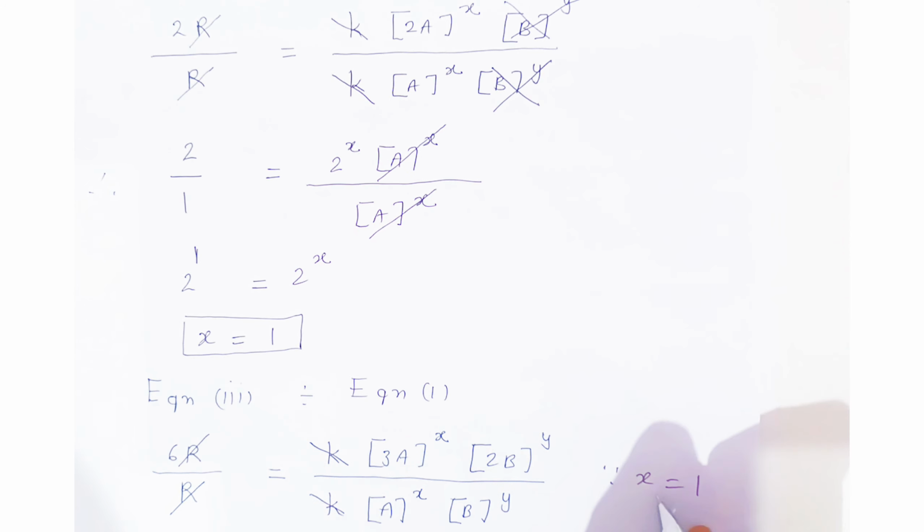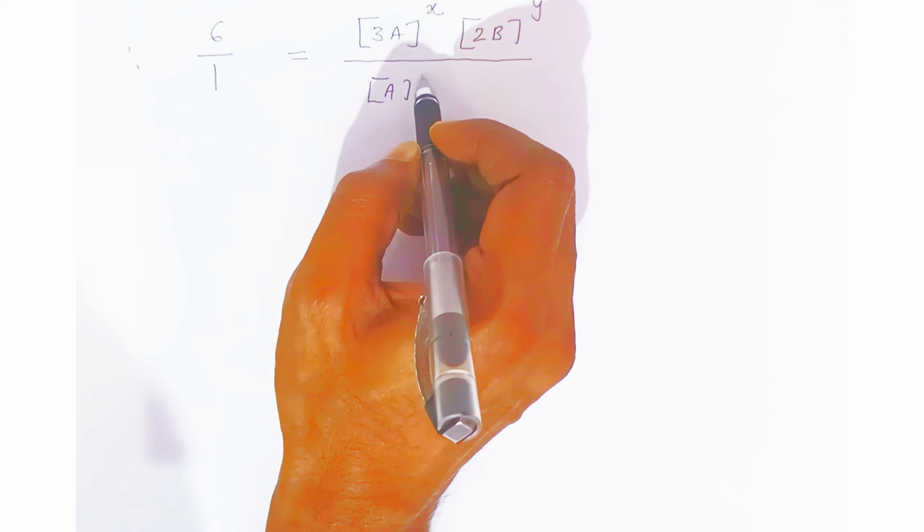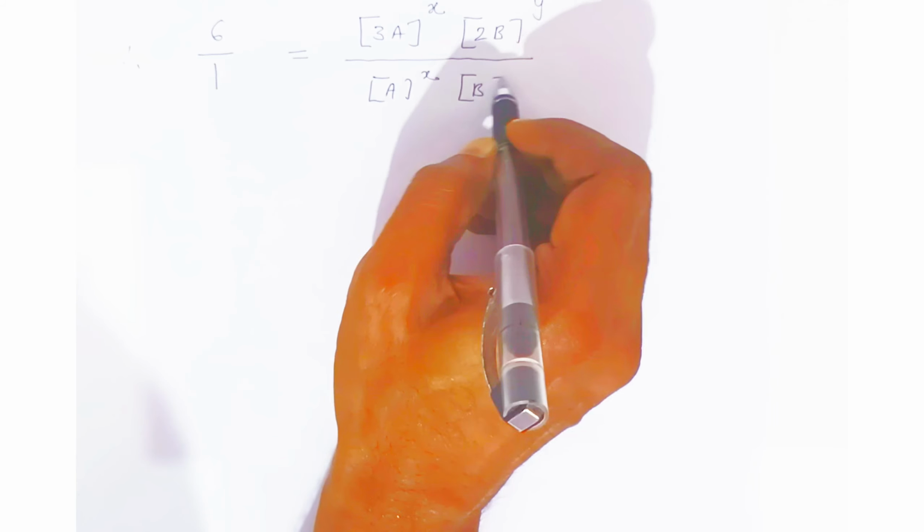Now we are going to put the value of x, which equals 1, in this equation. Therefore you are getting 6 upon 1 equals concentration of 3A raised to x into concentration of twice of B raised to y, upon concentration of A raised to x into concentration of B raised to y.